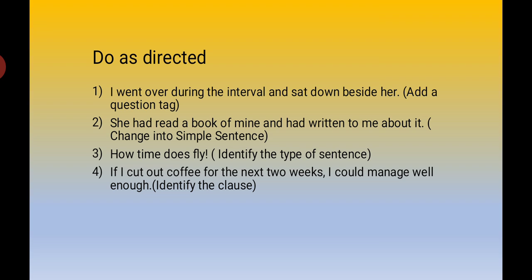I could manage well enough. Very good, Shreyas. That is the main clause. And what is the subordinate clause? If I cut out coffee for the next 2 weeks. Very good, children. But can you identify the name? Adverb clause of condition. Very good. Okay, very good, children.